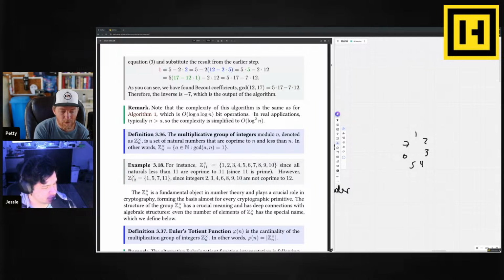Therefore, the inverse is minus 7. If you look at the Bezout coefficient definition, the Bezout coefficients are 5 and minus 7, and by definition, the second coefficient ends up becoming the inverse.